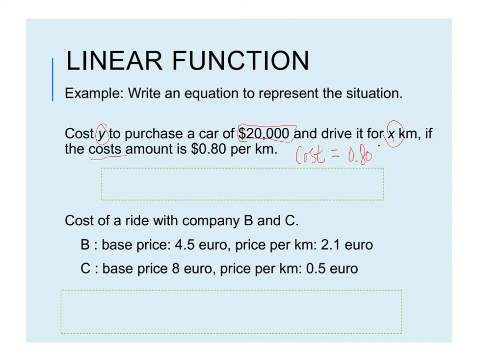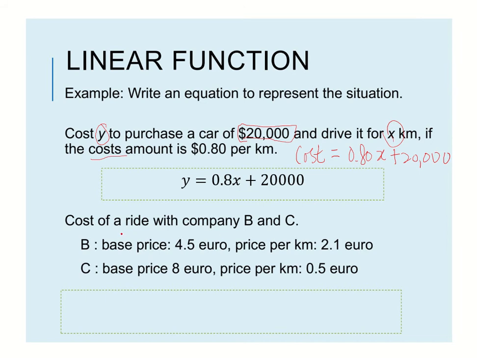So it will be $0.8 multiplied by the distance we travel, plus the cost of the car, which is 20,000. In this case, the cost will be y = 0.8x + 20,000.